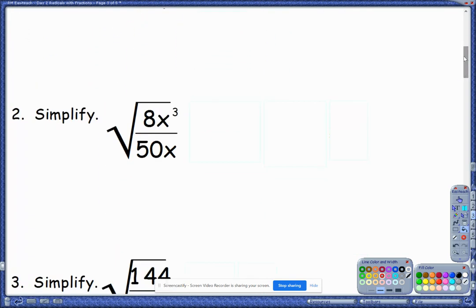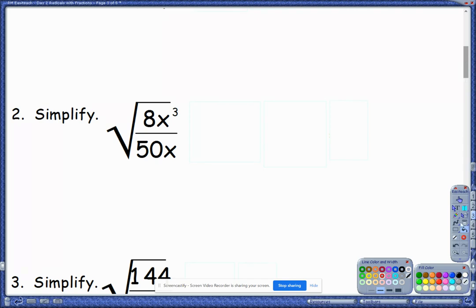This one is slightly more tricky because neither 8 nor 50 are perfect squares. So first we simplify the numerator and the denominator. In other words, we simplify the fraction inside the radical.